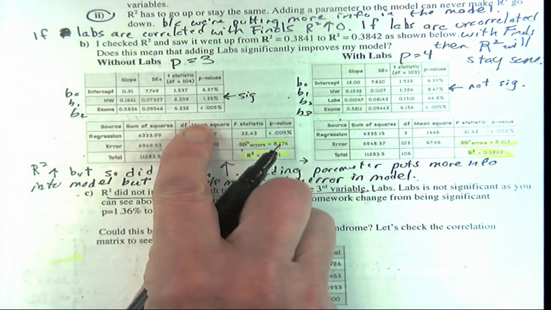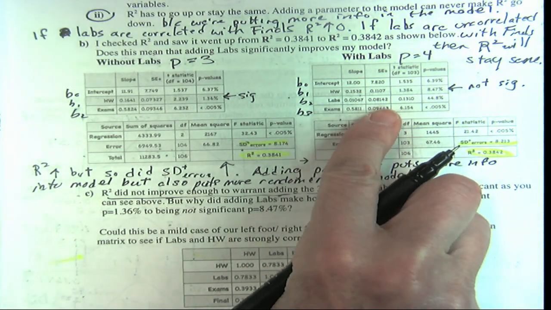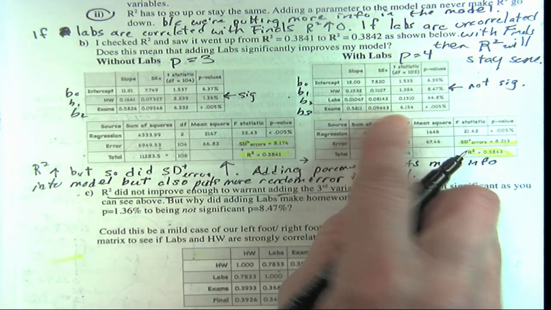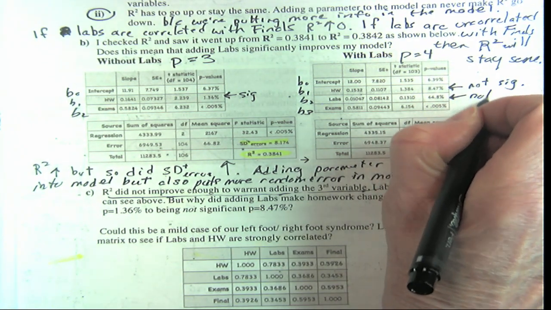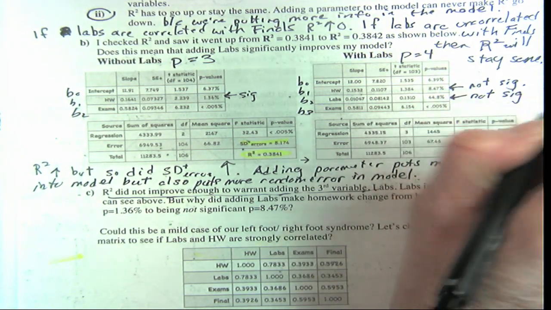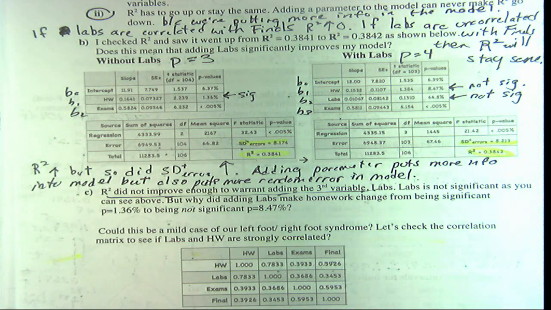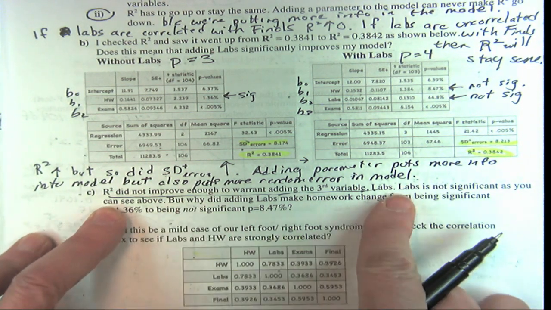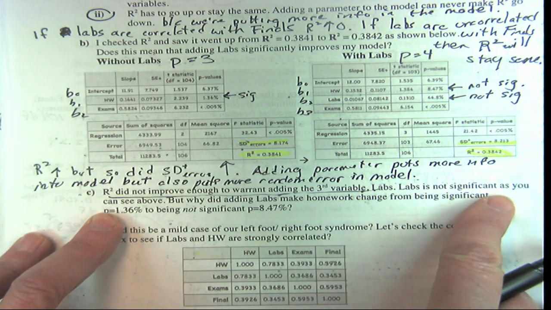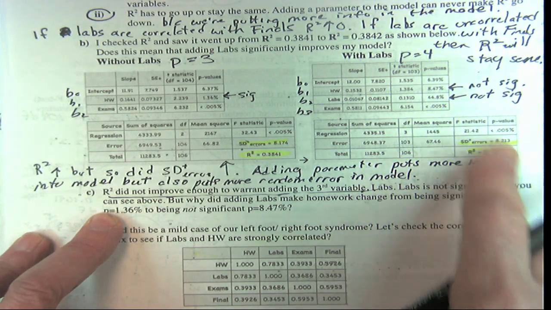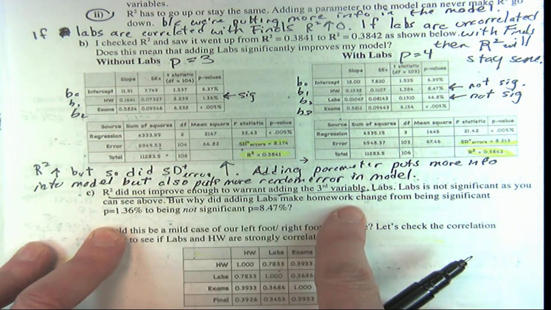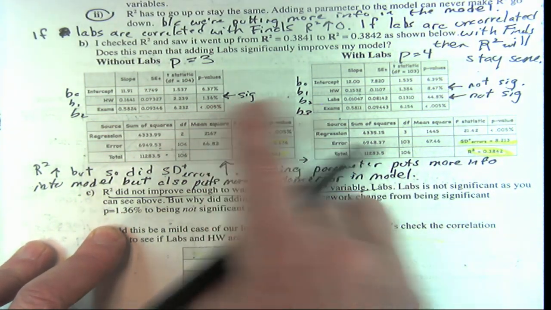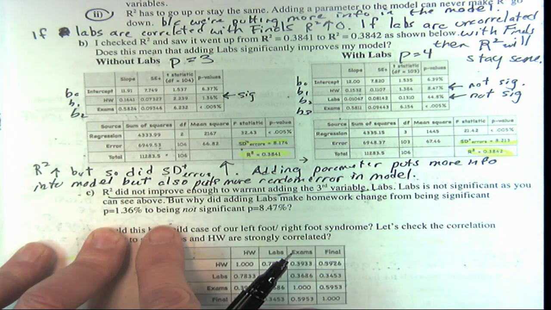Now I didn't show you, but labs by themselves were significant in the simple model. Now, not at all significant. So what happened? I tell you, when you put more variables in a model, things can get complicated. Labs is not significant, as you can see. But it was in the simple model. But why did adding labs make homework change from being significant to not significant?